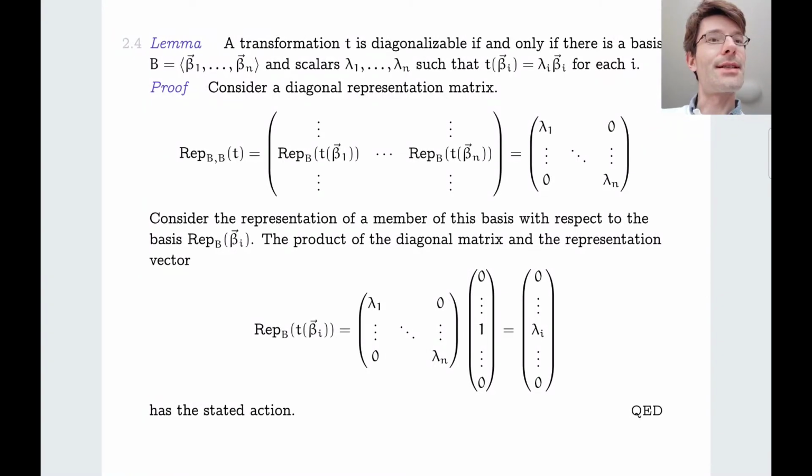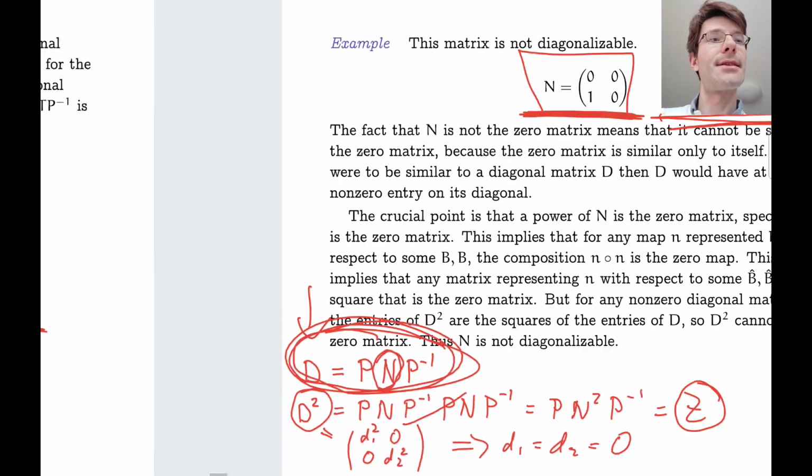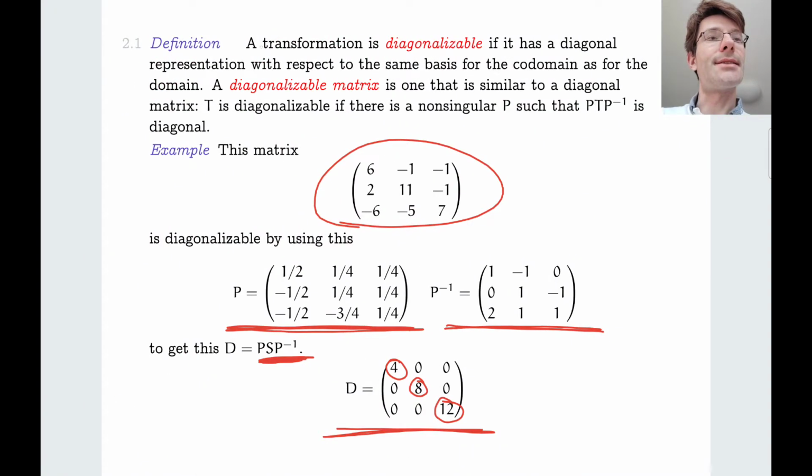We have now this lemma, which is basically a restatement of what it means for a transformation to be diagonalizable. So let's maybe look at that again. It said a transformation is diagonalizable if it has a diagonal representation, so that's a matrix, with respect to some basis.